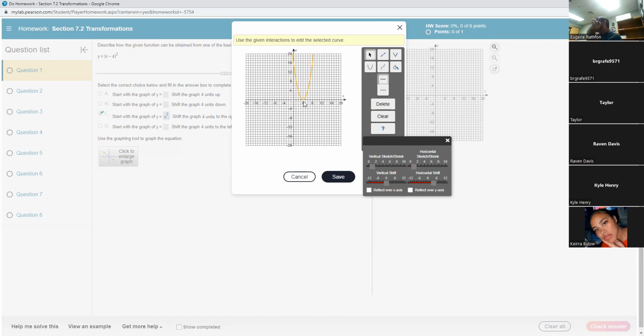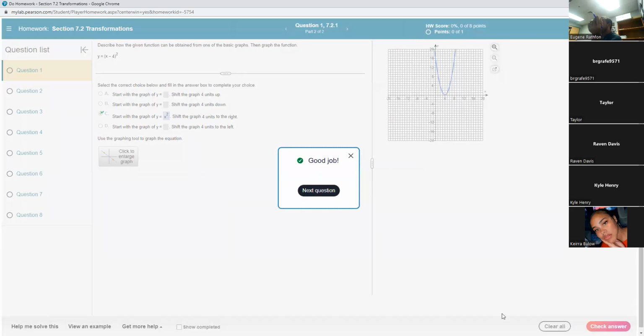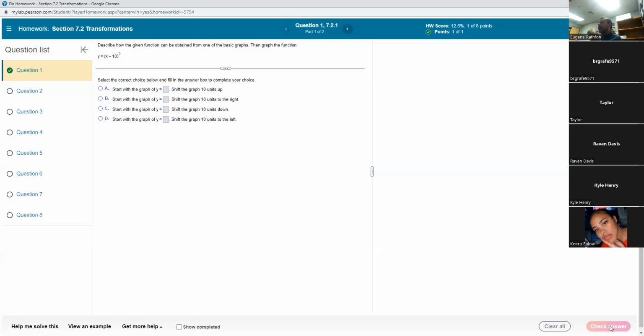So it moved from the center to the right 4 units. At that point, y'all will just save it. And then you have to check your answer and move on. Well, let me see, that's the same.